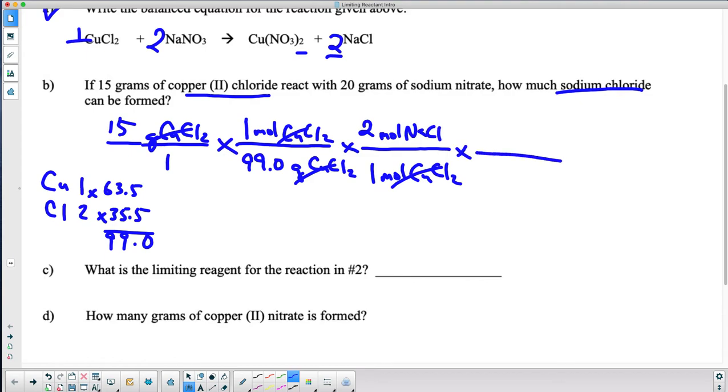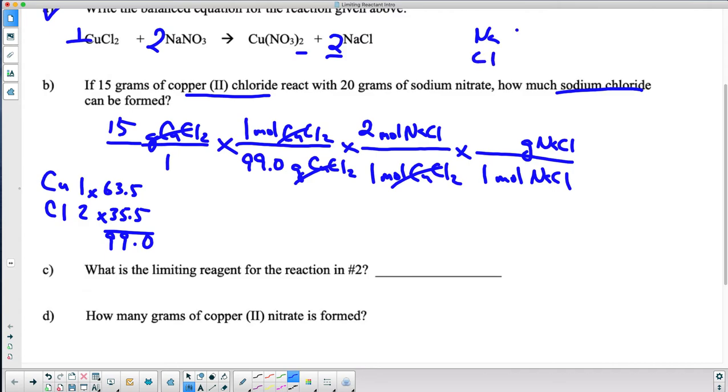Now my last step is to come back, and it says how much sodium chloride. We're going to assume that means mass, which means 1 mole of sodium chloride on the bottom, some number of grams of sodium chloride on top.